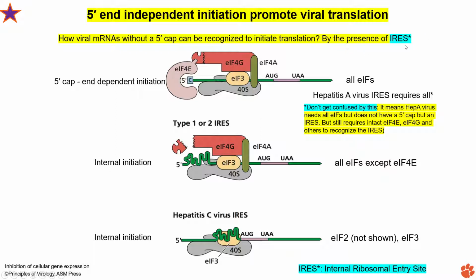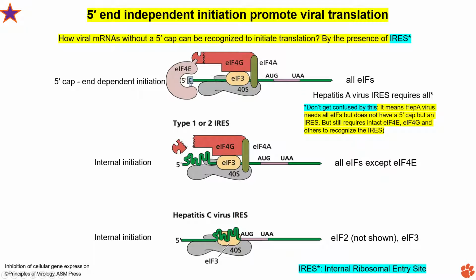The answer is by the presence of this internal ribosomal entry site, or the IRES. And see what happens here; don't be confused by this. Here it shows hepatitis A virus IRES requires eIF4E, and there is a 5' cap in here, and that is sometimes confusing.